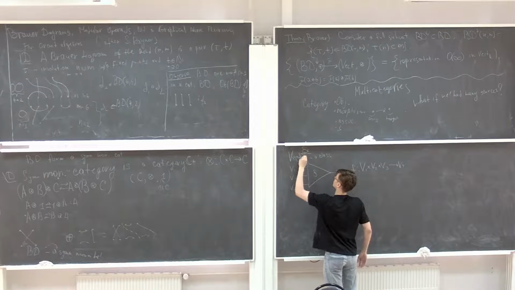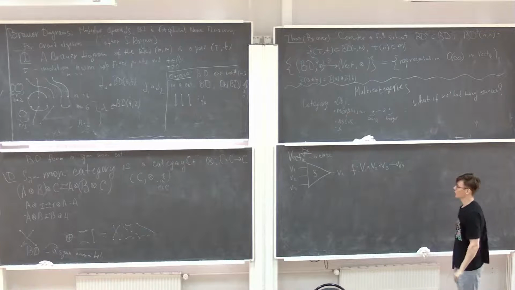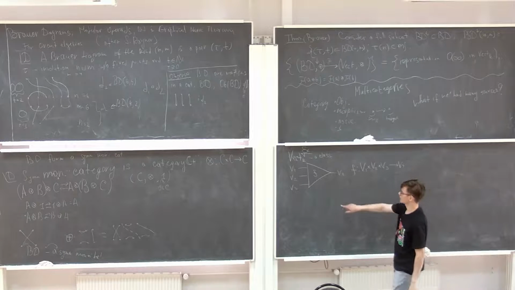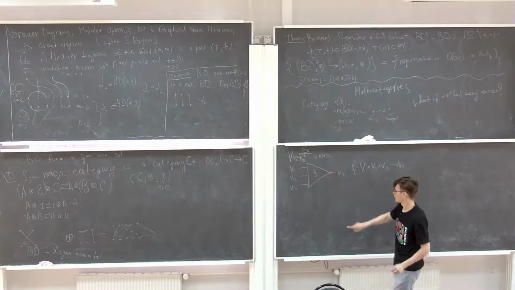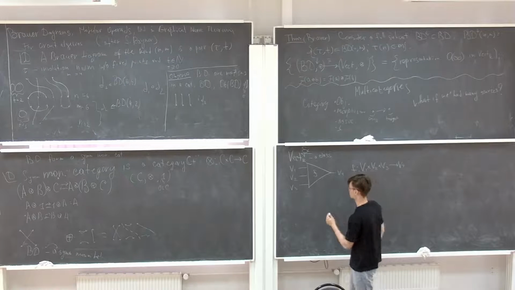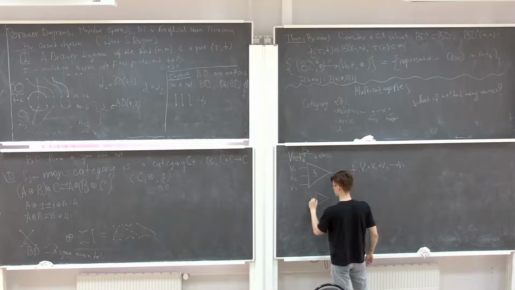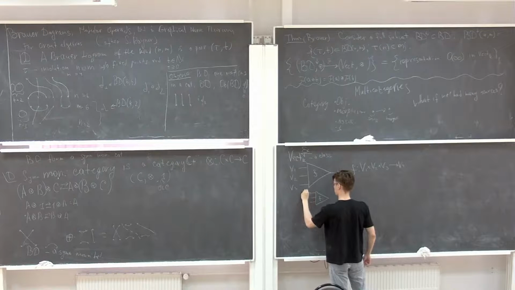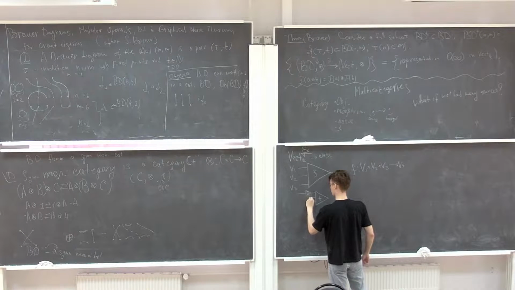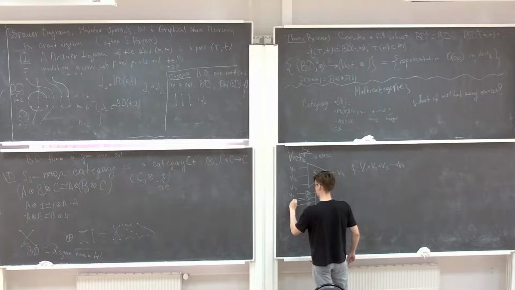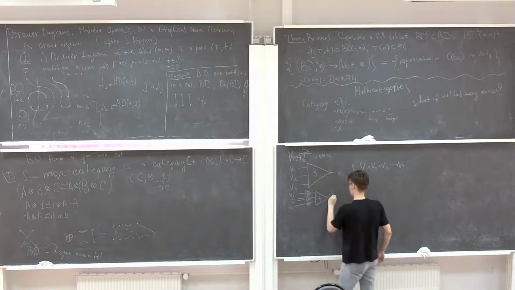So, example. We can imagine such things as morphisms with many sources. We can compose them, for example, like this: F, G1, G2, G3, V1, V2, V3, V4, V5.